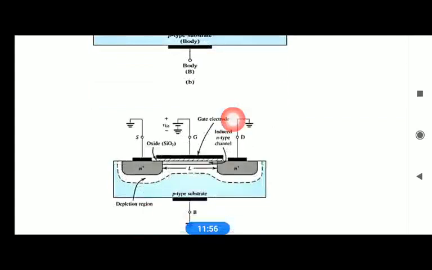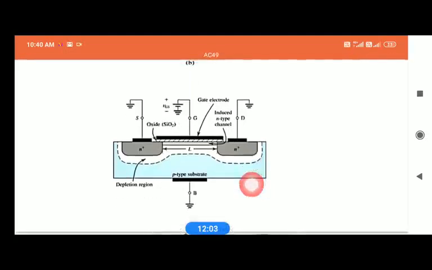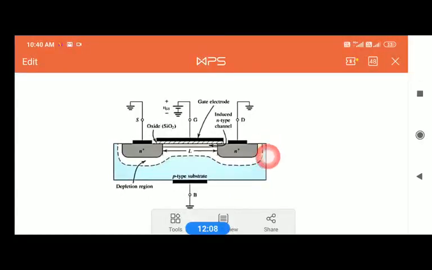When the transistor operates in the triode region and you apply all the voltages, a channel is formed, and at that time a depletion region is created between the drain and body and between the source and body. The source is N plus and the body is P type, which is the substrate.